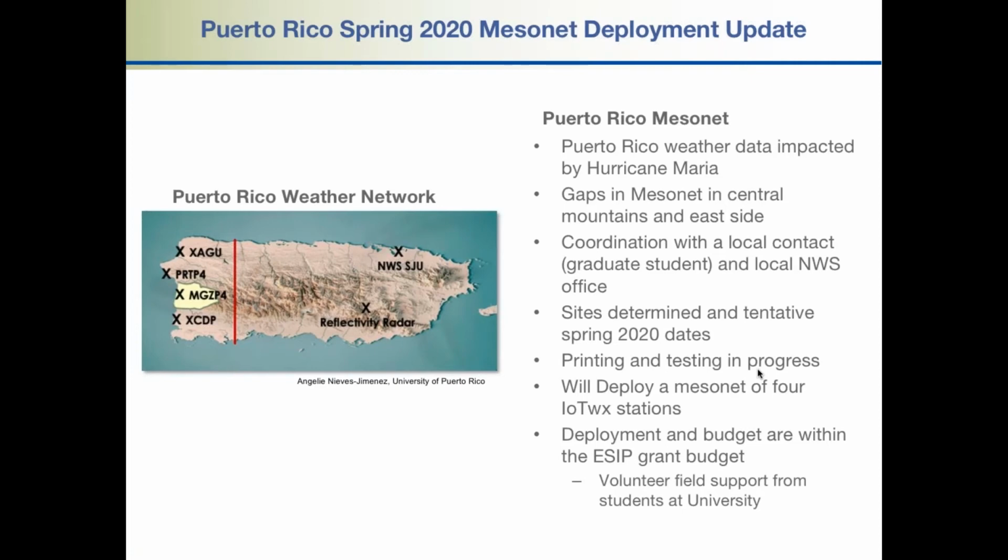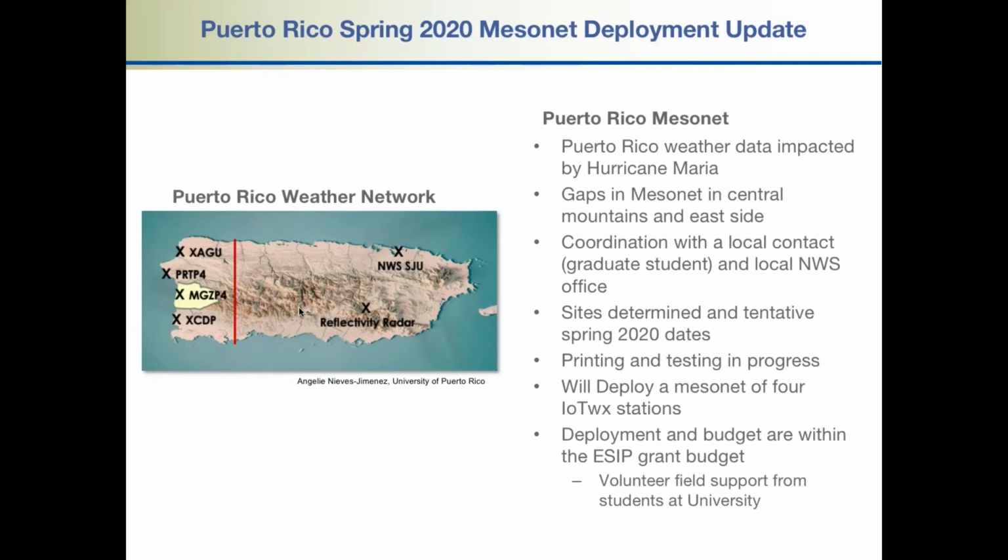So our goal, after we've completed the test of the stations, is to get them to Puerto Rico, and allow the local students there to work with the local National Weather Service office to deploy these stations. And of course, if a hurricane comes, these things are modular, so you can easily replace the parts and the stations.